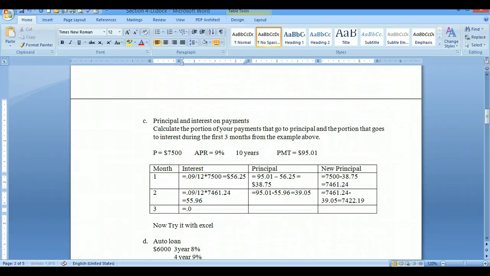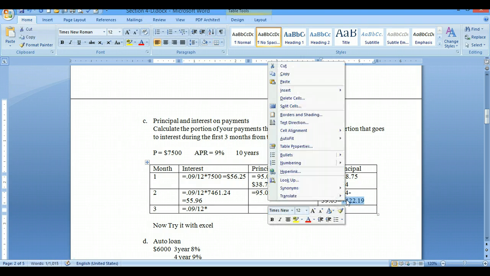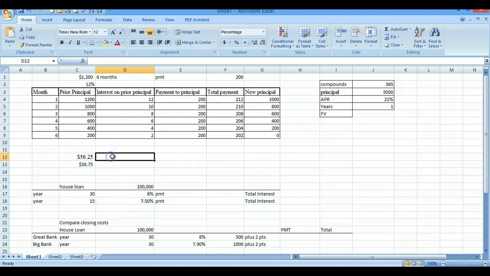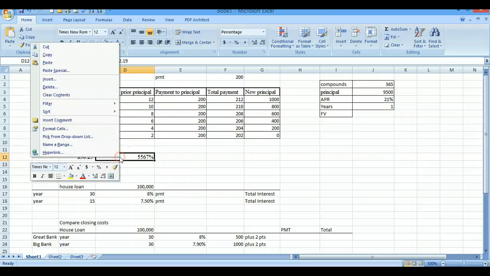And 0.09 divided by 12 times my principal over here is $7,422.19. Copy and paste. So now calculate that in your calculator, or we can copy and paste that into Microsoft Excel. So it can calculate it like a calculator, and then you don't even have to make sure that you didn't get your decimals off. Oh, that's a percent.